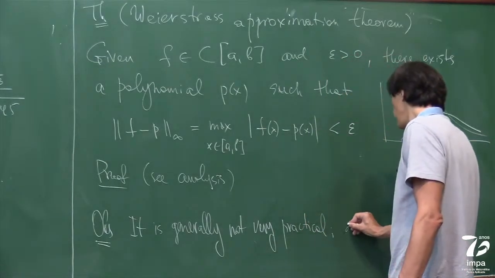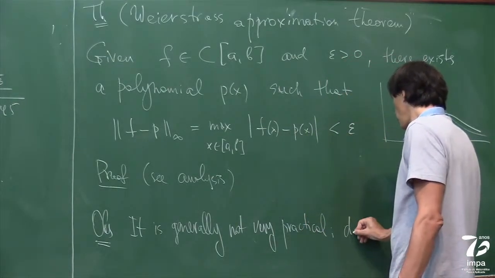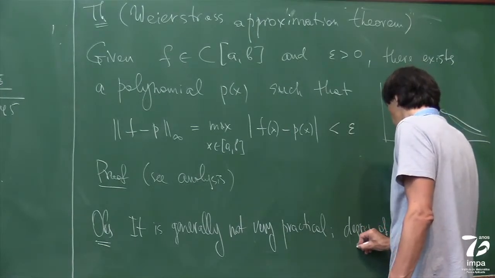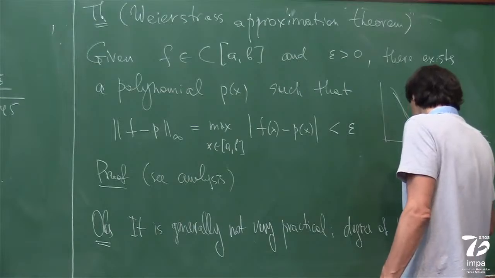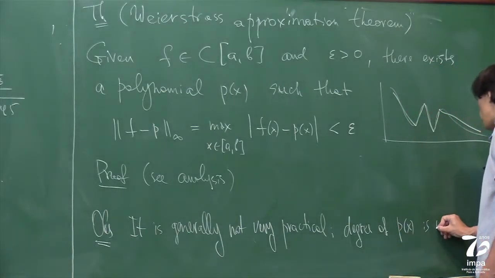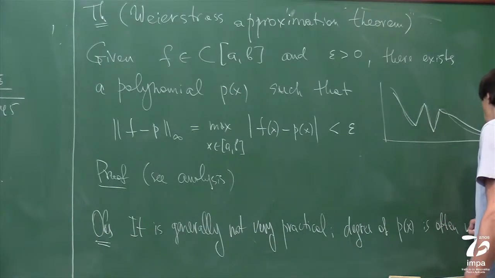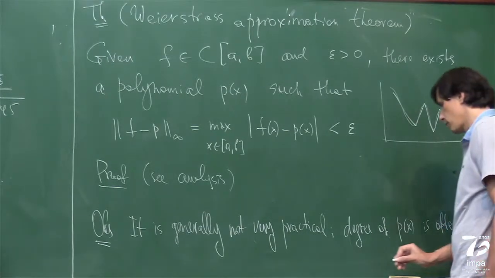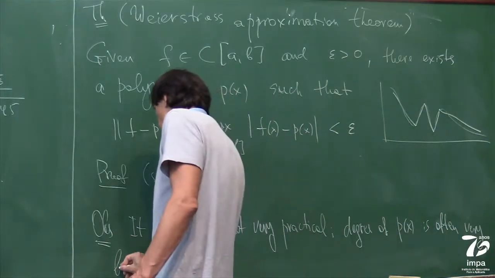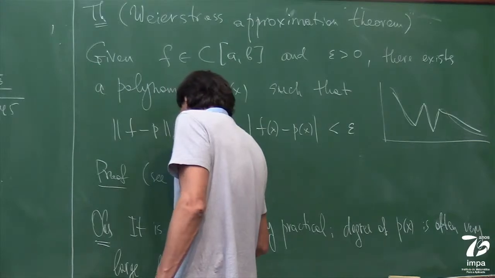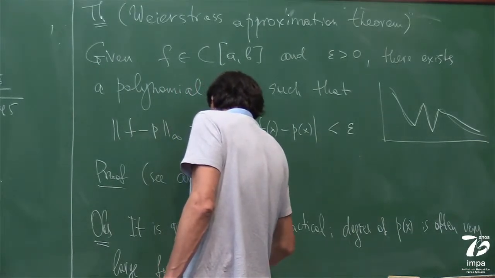Because the degree of the polynomial is often very large for small epsilon.